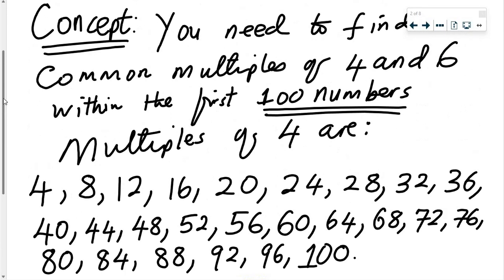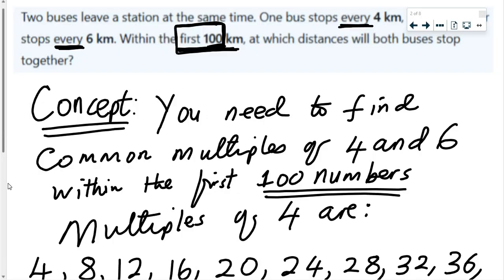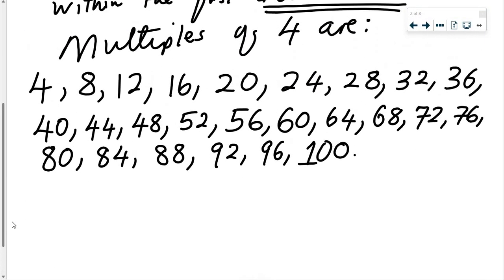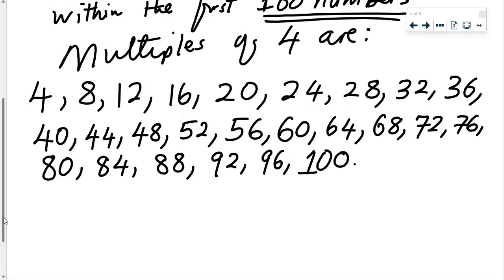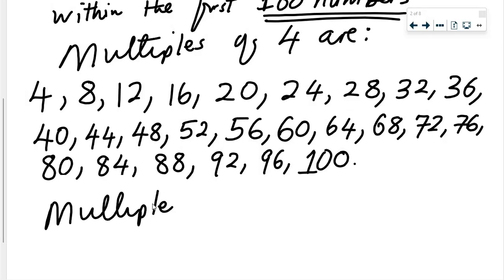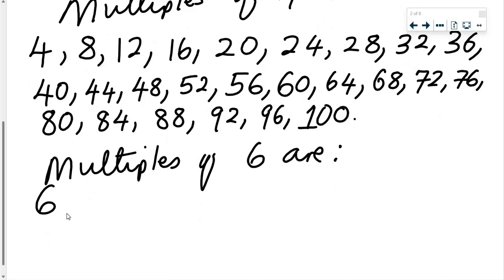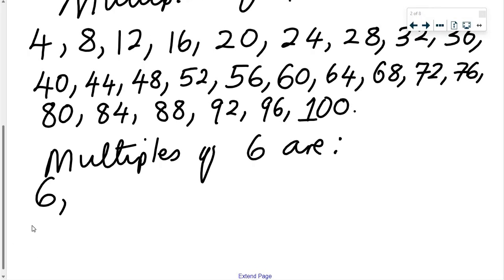Now, after mentioning the multiples of 4 up to 100, let us mention multiples of 6. You start with 6, and then you keep adding 6 until 100 or something less than that. So let us go.